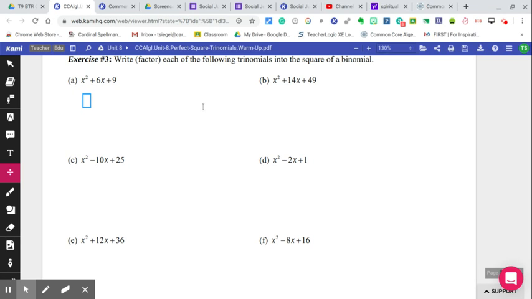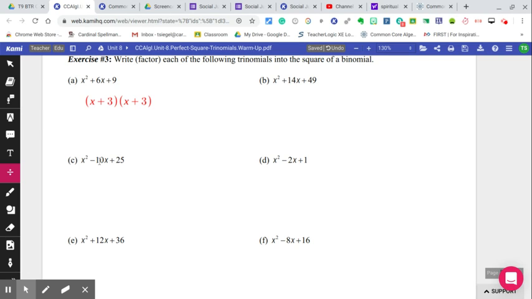So this factors to 3 and 3, x plus 3 times x plus 3. Okay, this one here, the square root of 25 is 5.